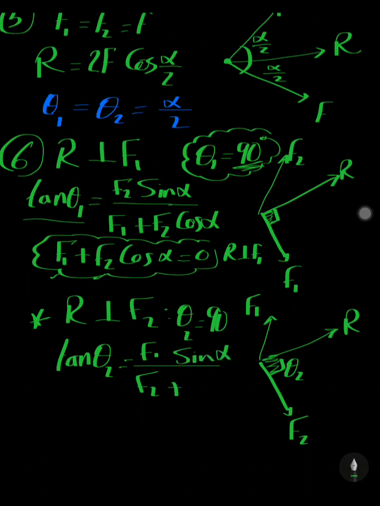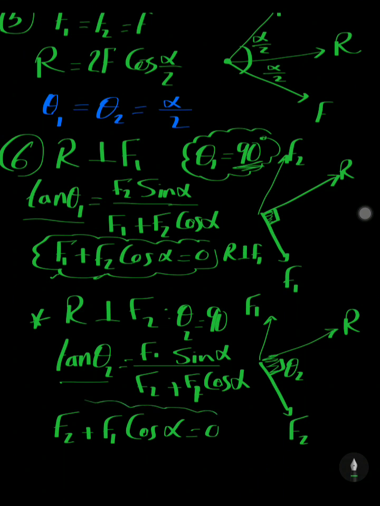Here F1 sine alpha, and down we put F2 plus F1 cosine alpha. Substitute theta 2 by 90, tan 90, math error or undefined. The fraction is undefined if the denominator equals 0, if F2 plus F1 cosine alpha equals 0. That is if the resultant is perpendicular to F2.